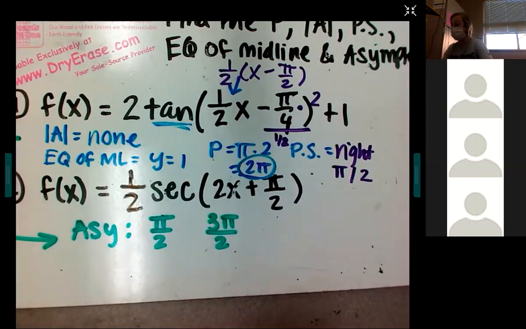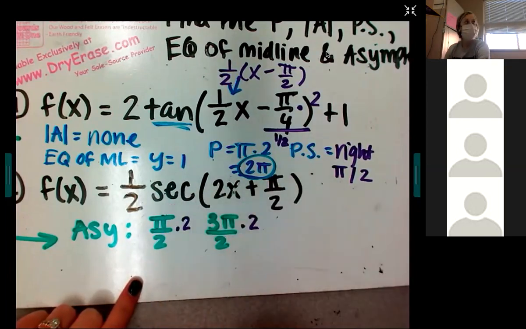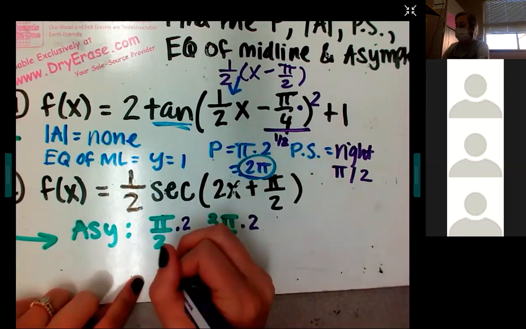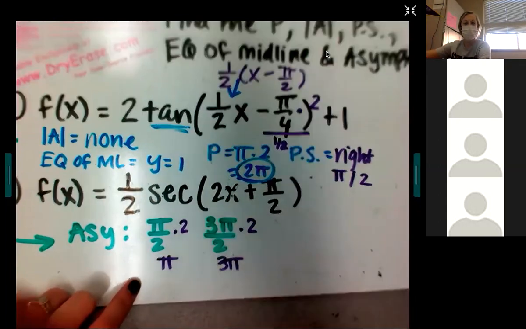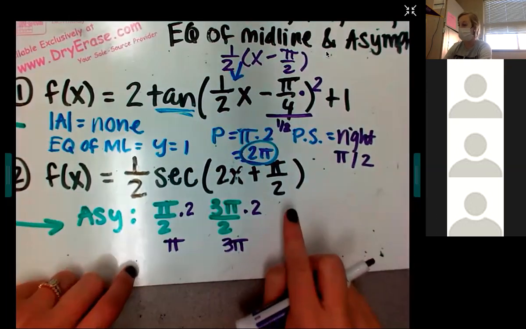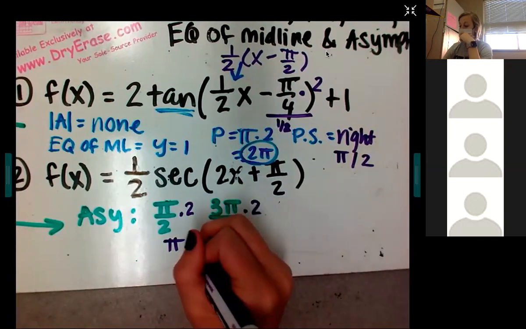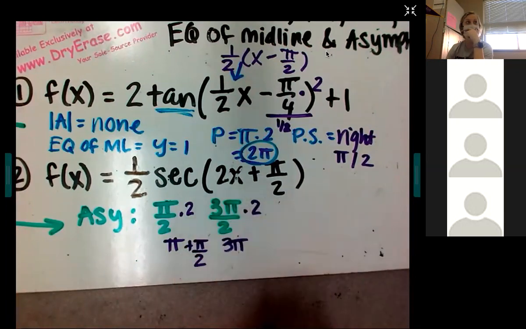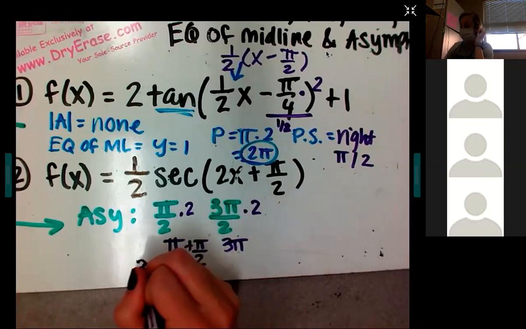So did everybody multiply each of these by 2? Okay, so that'll give me just pi and 3 pi, right? And then did you guys add pi over 2 to move it to the right? So what's pi plus pi over 2? Good, 3 pi over 2, pi and a half, which would be 3 pi over 2.